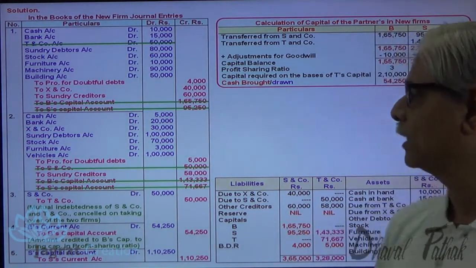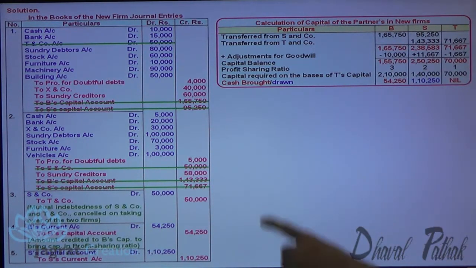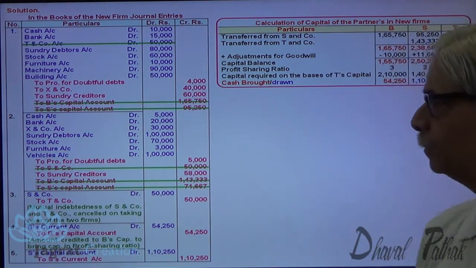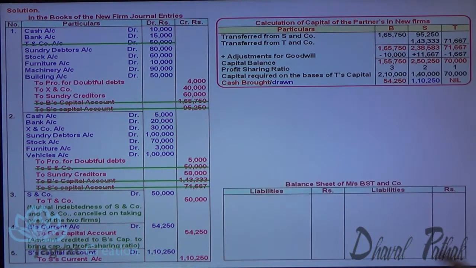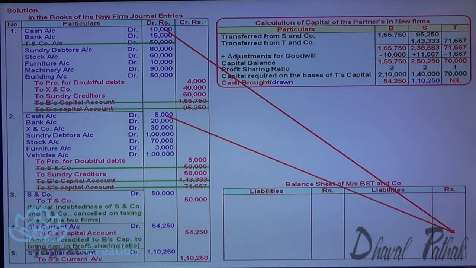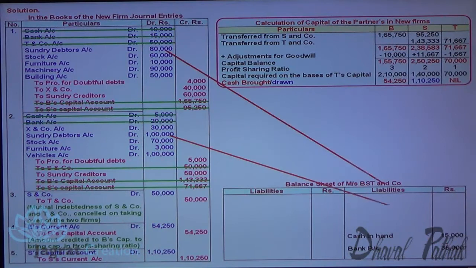Now after doing all these things, I want to prepare the balance sheet. When I prepare the balance sheet, here I first take the total of cash, total of bank balance, then debtors total balance.